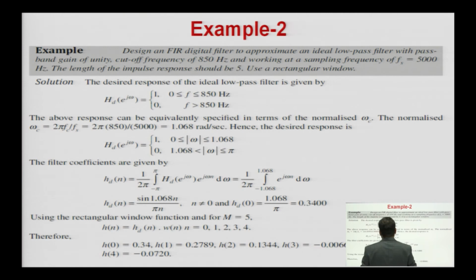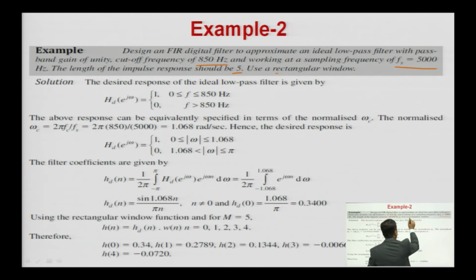Next question: design an FIR digital filter to approximate an ideal low pass filter with pass band gain of unity, cut off frequency of 850 hertz and working at a sampling frequency of Fs is equal to 5 kilohertz. The length of the impulse response should be 5. Use a rectangular window.